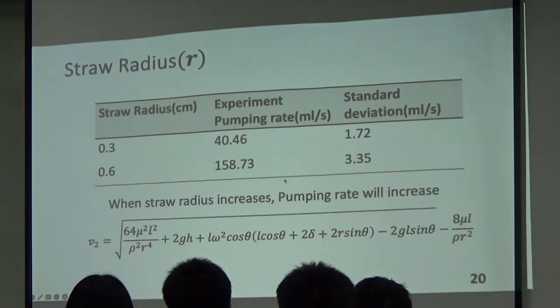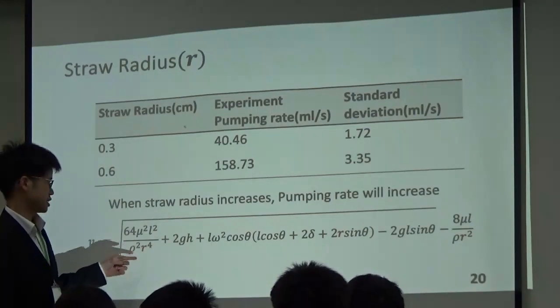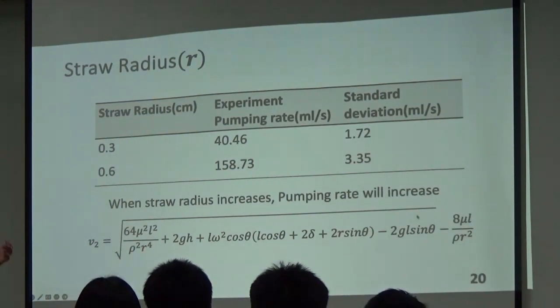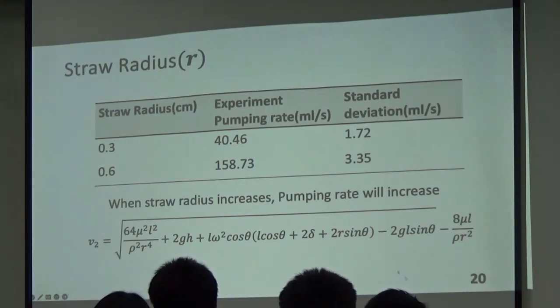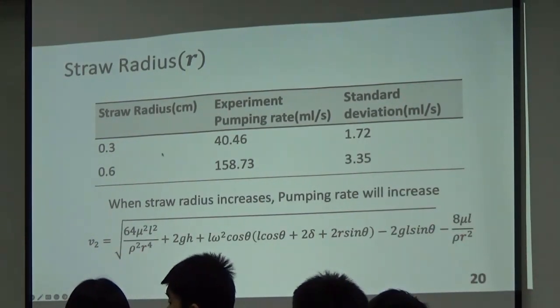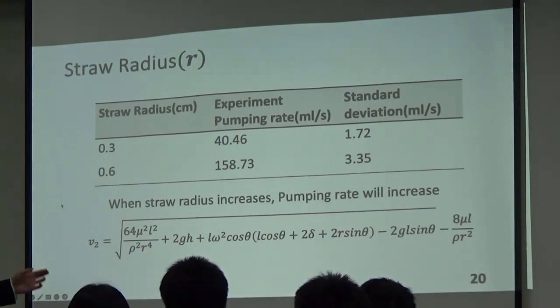However, the velocity of the water flowing out will also increase. You can see in this theory, it is because the radius of rotation will increase when the radius of the straw increases. And we think that when the straw radius increases, the pumping rate will increase, which is mainly because the cross-sectional area increases.